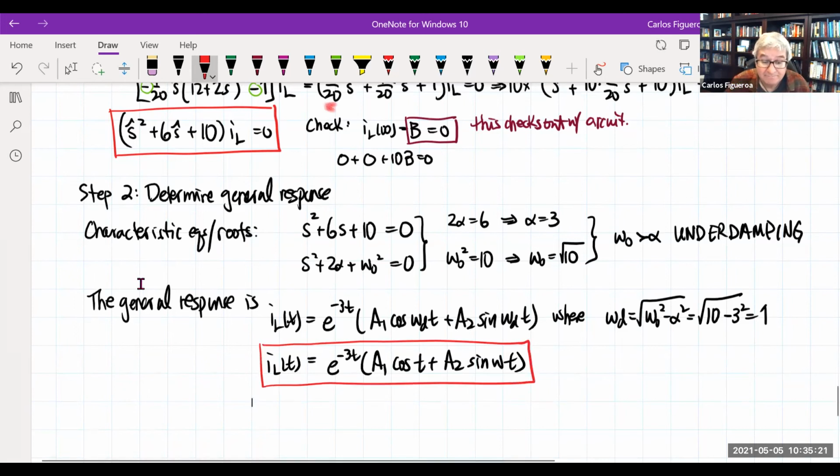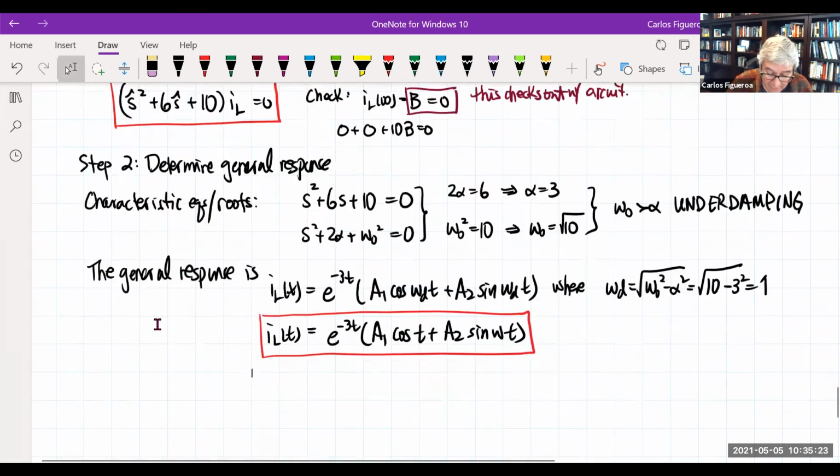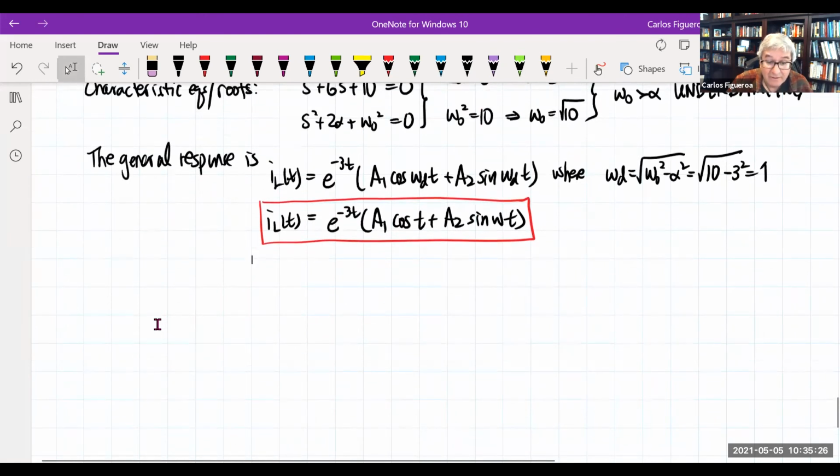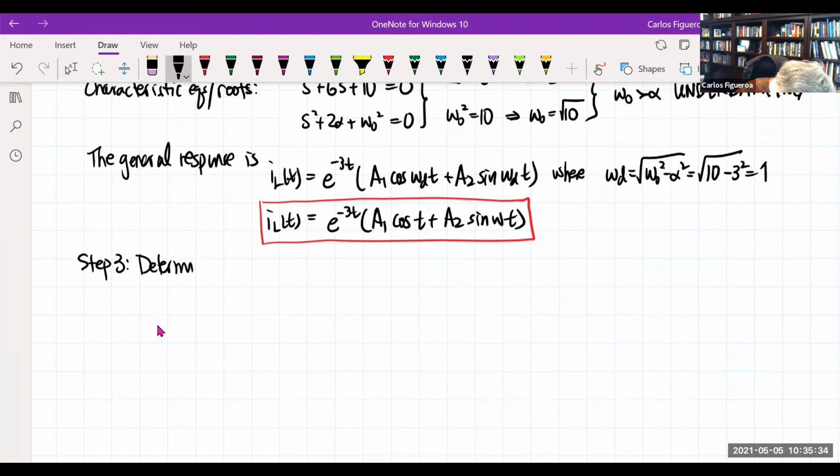So now I got this. I go to step 3. In step 3, I've got to calculate the initial conditions. I need to determine the initial conditions. At t equal to 0 minus, remember there's no current source.